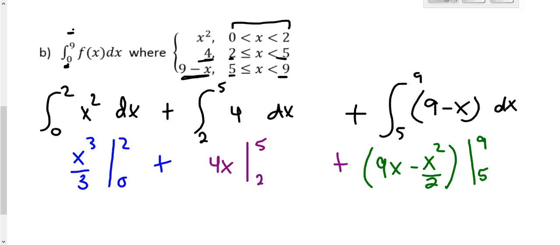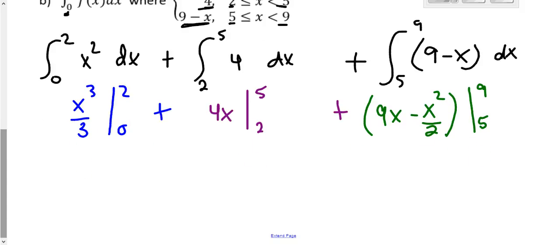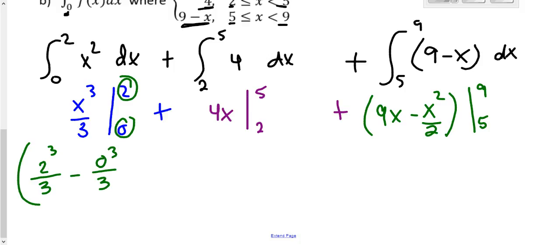Now, if you really desire and you really want to figure out what that answer is, then you can. You do not need to, but you do need to plug these numbers in. You do need to show your knowledge of the fundamental theorem of calculus, which is f of b minus f of a. So we have b and a here. So we're going to plug in 2 cubed over 3 minus 0 cubed over 3. There's our first integral.